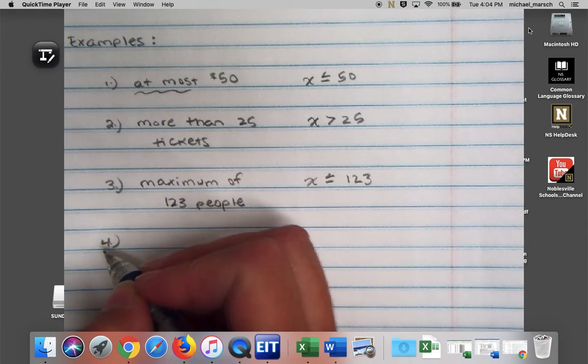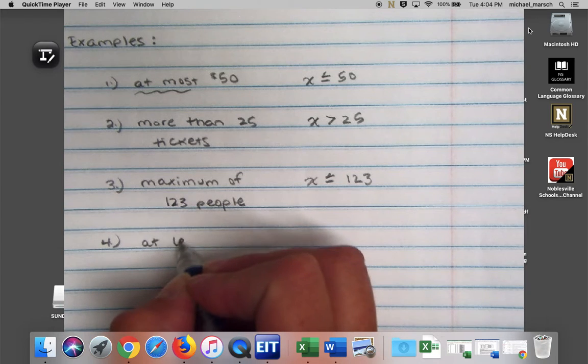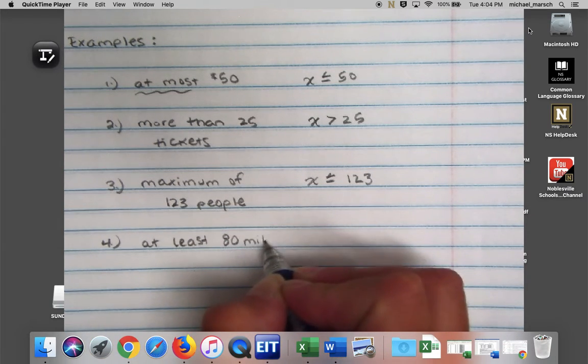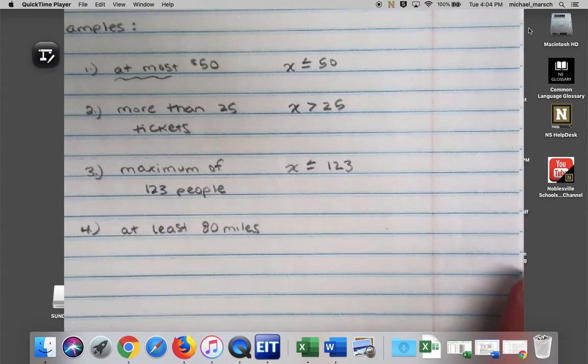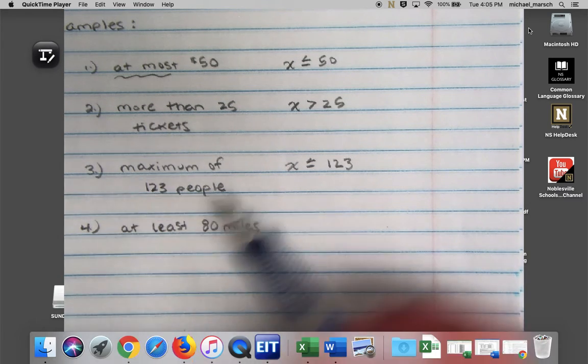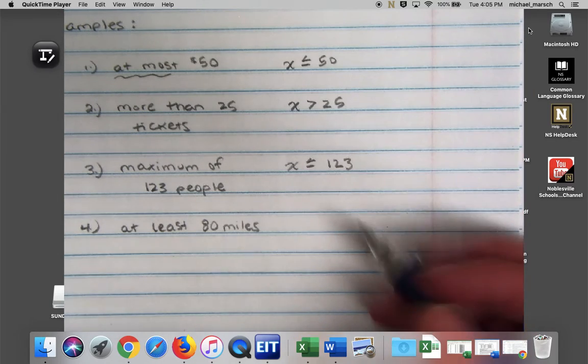One more example. At least 80 miles. Okay, so let's say I'm training for something and I want to, over a period of time, run at least 80 miles. So where do I see that phrase, at least? If you look back up here at the top, it lines up with greater than or equal to.